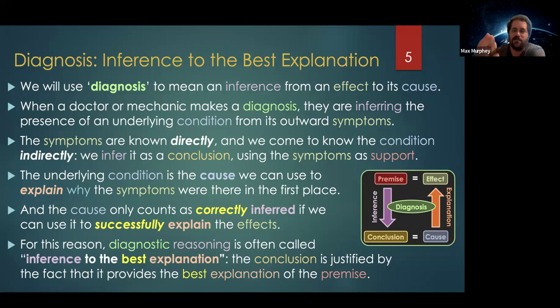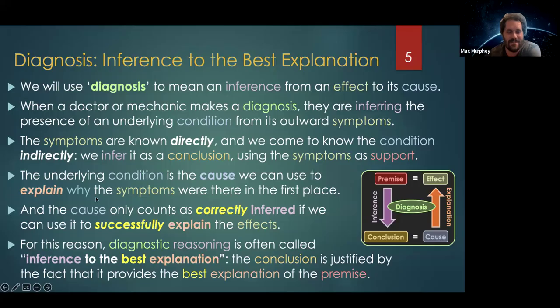Okay, so we're trying to infer what's the best explanation when we ask, why is this the way that it is? Why is the car not running? The mechanic says, I think I've inferred the best explanation. It's this spark plug that has some damage to it or whatever. Okay, they've inferred something that provides the best explanation of the symptoms that I'm experiencing when I'm trying to drive and not able to.